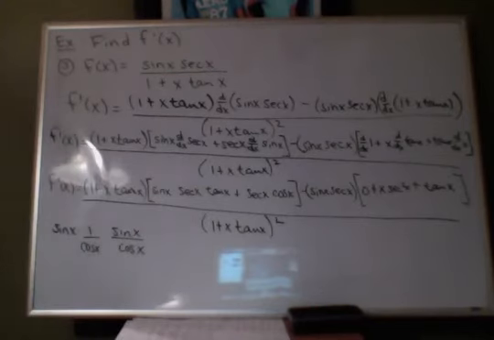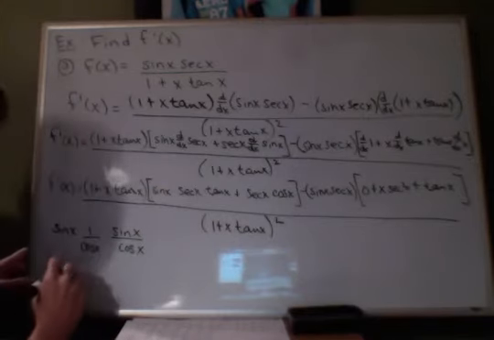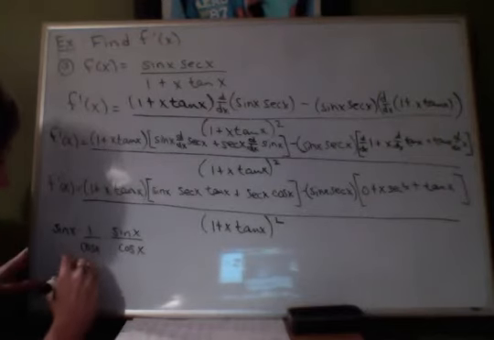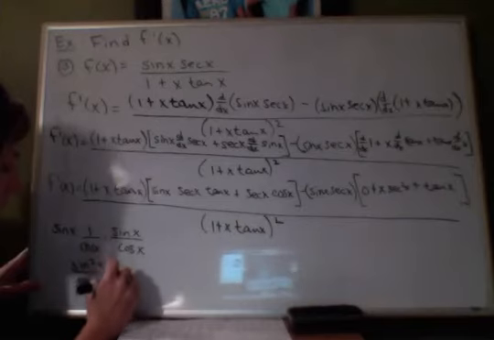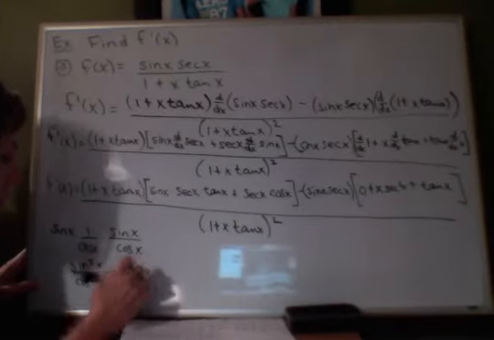Okay, I really end up with sine squared over cosine squared. Okay, that's sine squared over cosine squared, which is tangent squared.